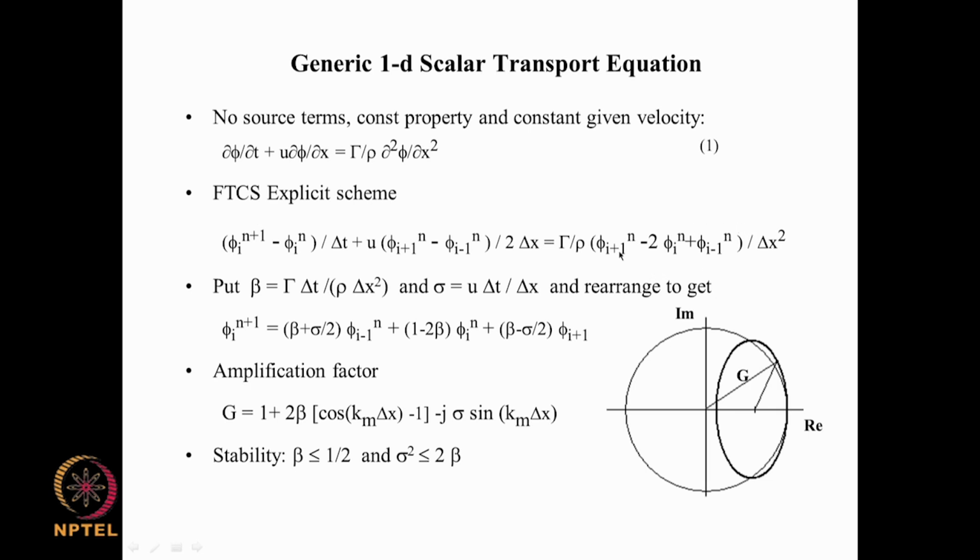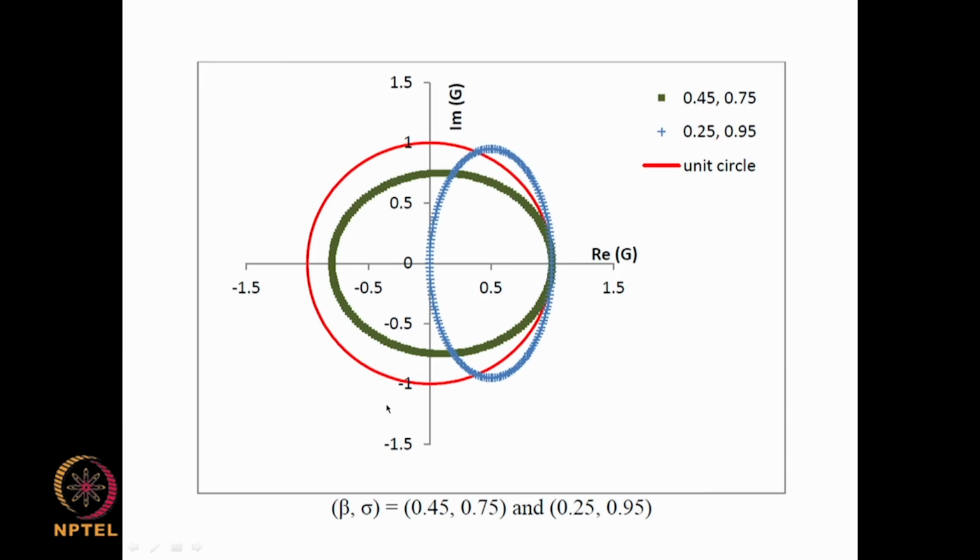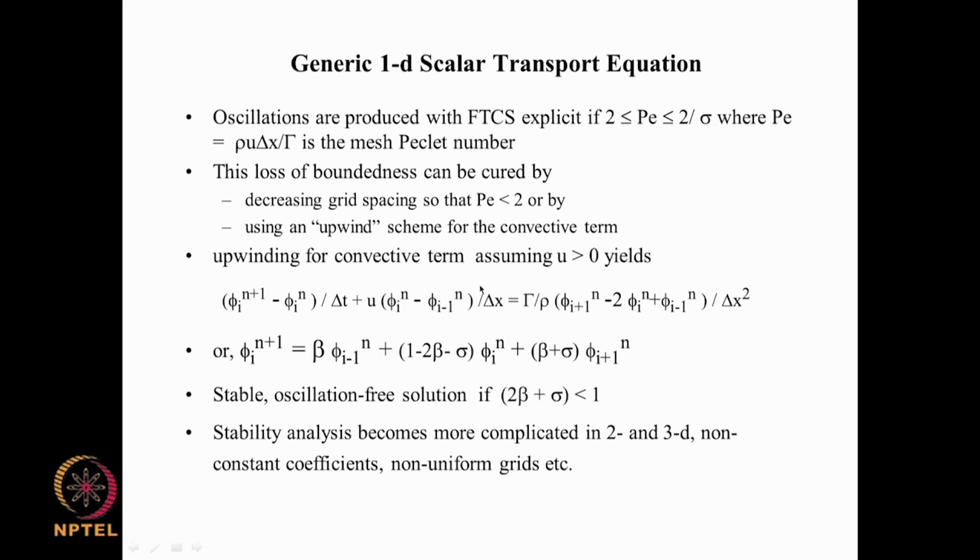So, we can expect convergence with this FTCS explicit scheme for this equation here. But there are some difficulties: although we seem to be getting a stable solution, the solution itself can give rise to oscillations, and these oscillations are in the spatial direction, not with respect to the temporal direction, under certain conditions.